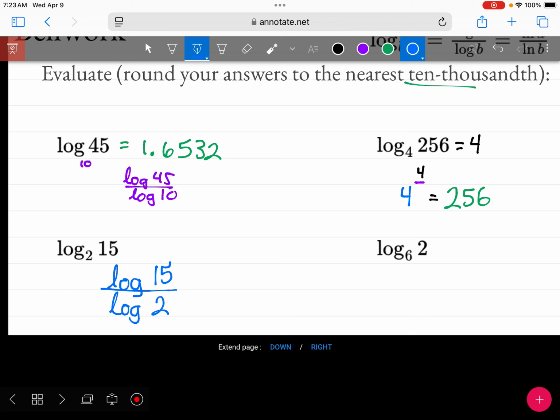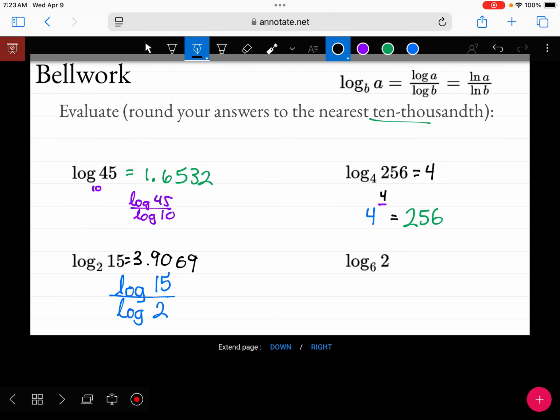You could do ln for both of them if you wanted to, but you have to do both. 3.9069, because it was 8, 9, and it rounds up.